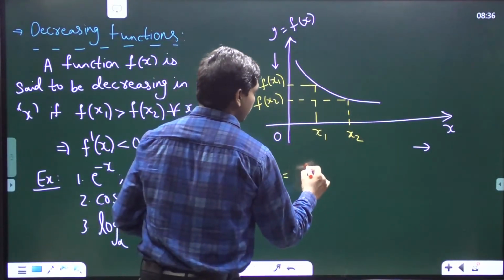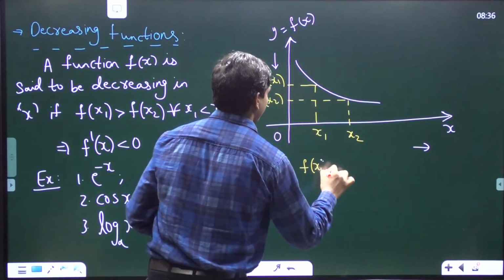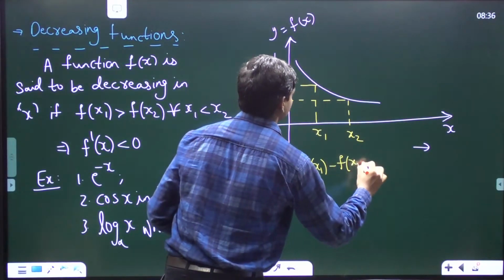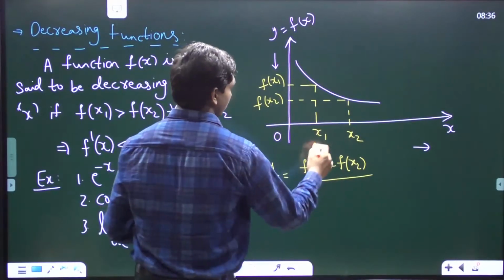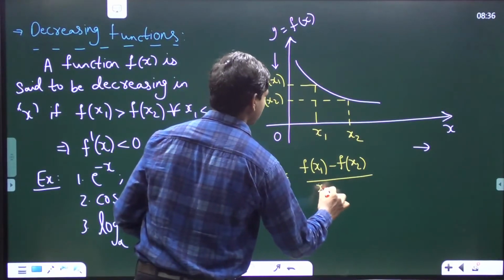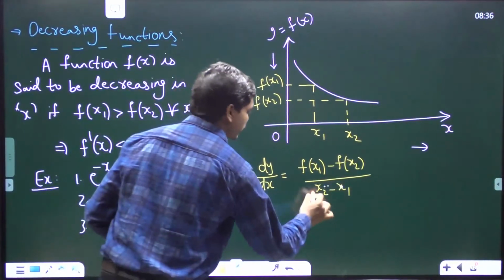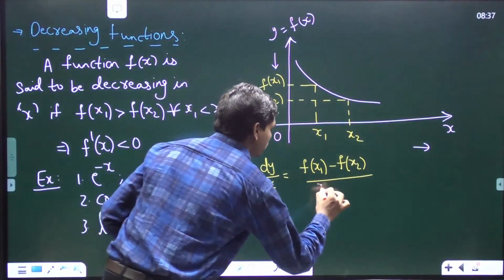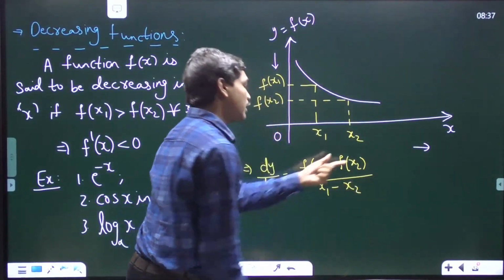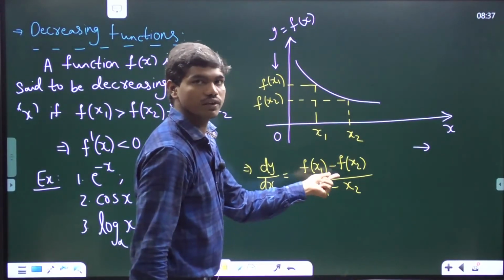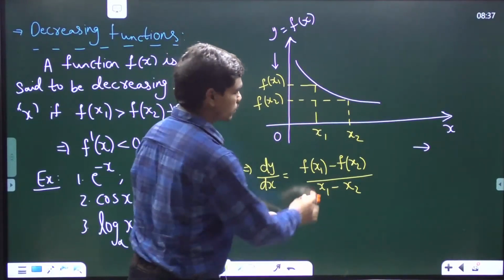So the difference is f of x1 minus f of x2 divided by x2 minus x1. Or else, since we follow the same notation here, we can write x1 minus x2, because we write y2 minus y1 divided by x2 minus x1, or y1 minus y2 divided by x1 minus x2. Okay, this order should be same.